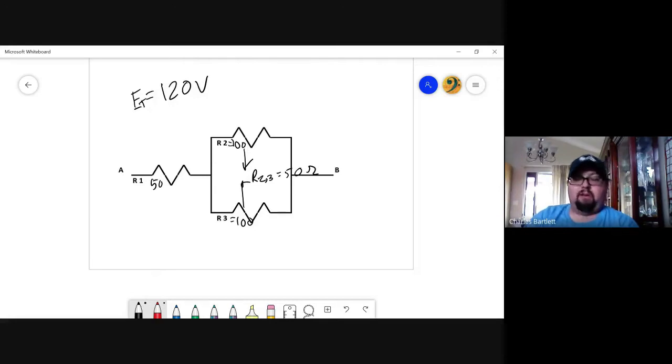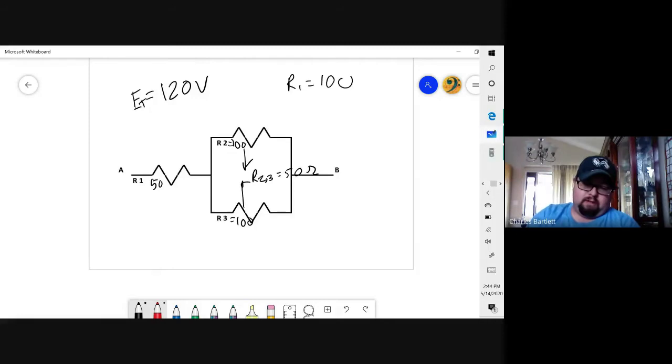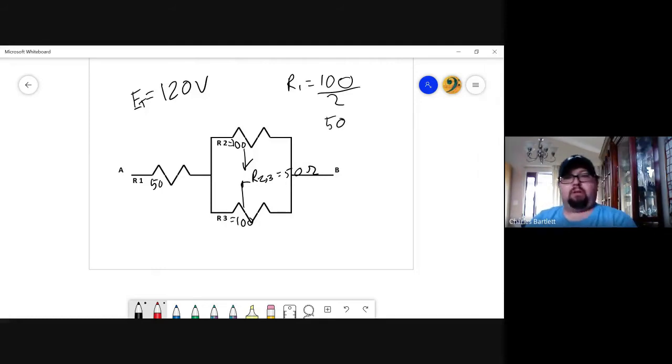And I just used the direct proportion, right? If we have an R1 of 100 and we have two of those, then all we need to do is take one of the resistors and divide it by the number of resistors, and we get 50. And that actually works all the way through.